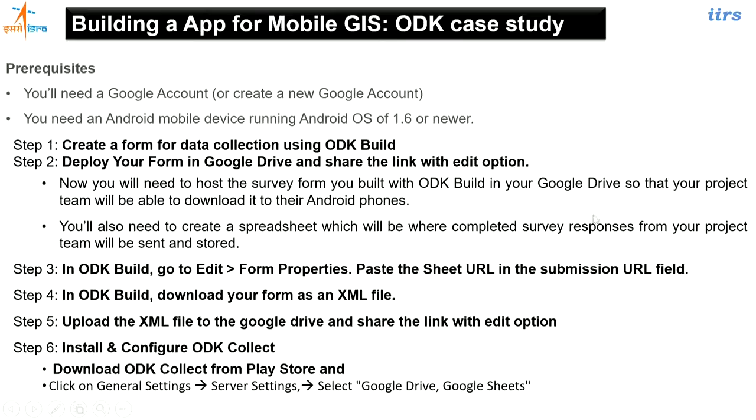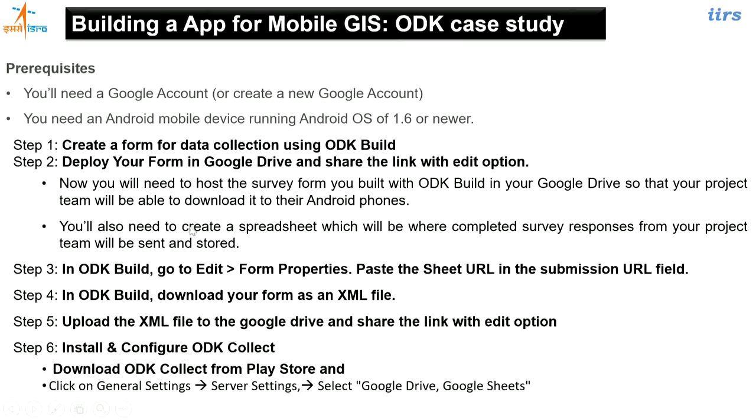So my application is that I will build the form and send it to the Google Drive. From Google Drive, I will fetch the blank form on my mobile phone, and once data is collected, I will send the filled form again to the Google Drive. So my Google Drive will have all the data sets available, blank as well as filled data, the data collected from the ground.